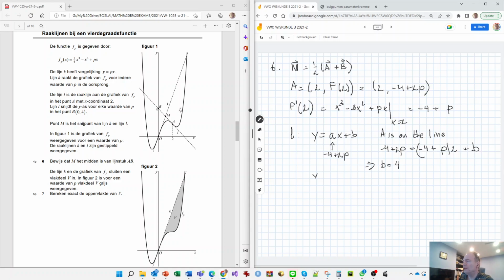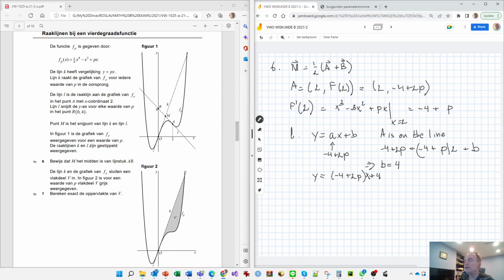So L is given by this expression. And then you can check that indeed if you substitute 0, you get y equals 4, so B is also on this line. Okay, so I found line L.